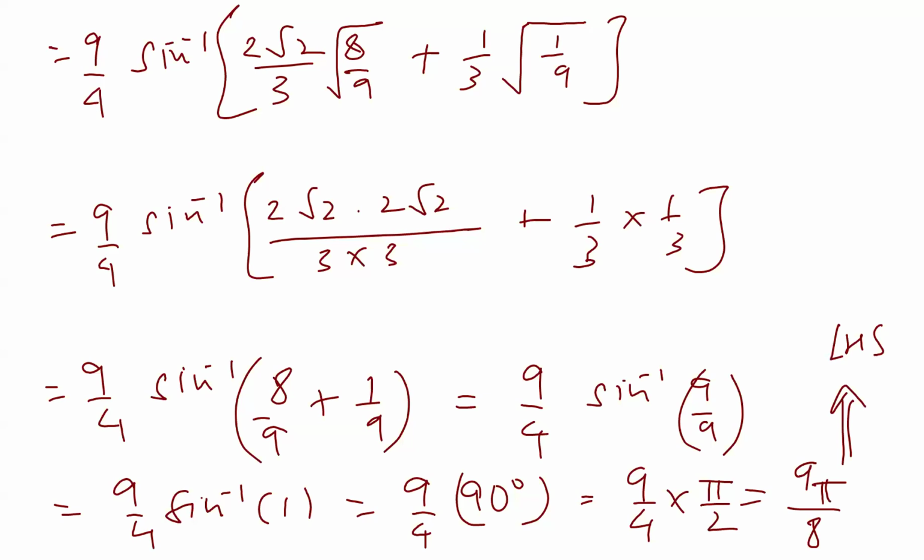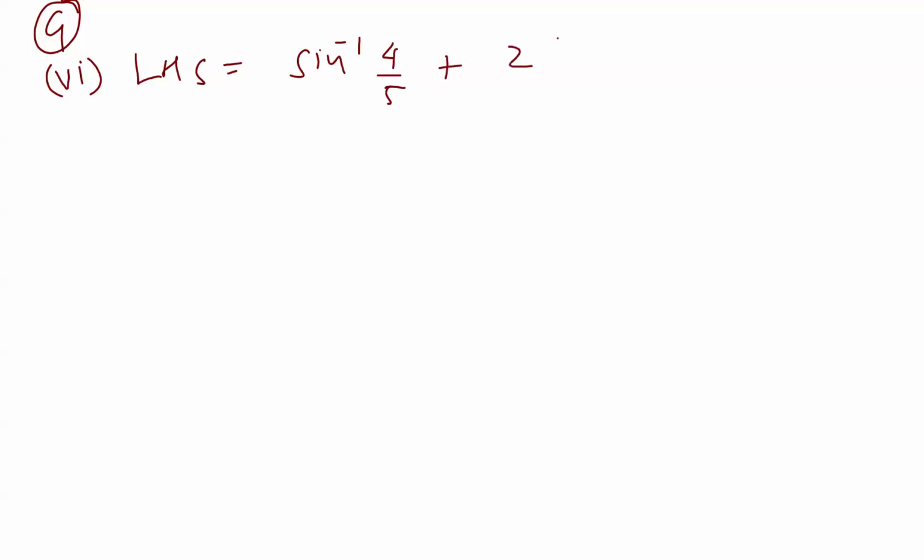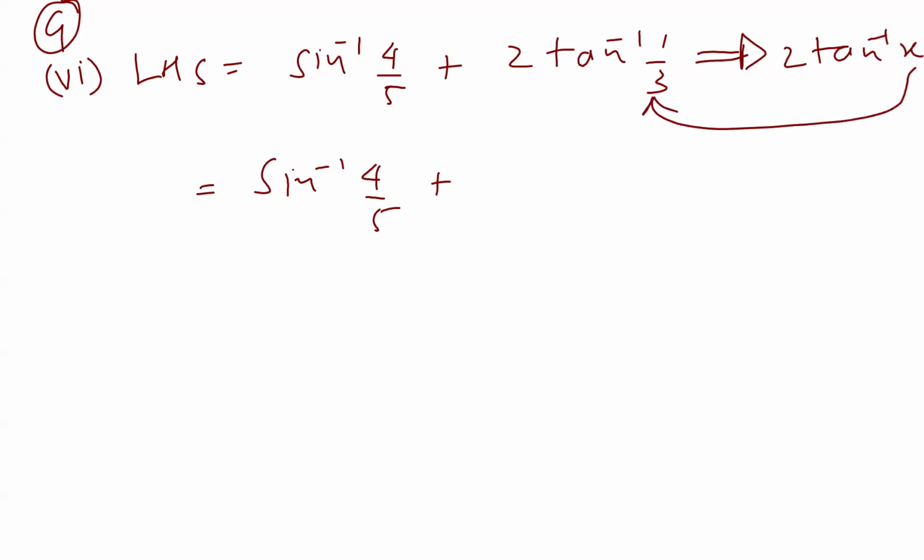Let us proceed with the next problem. Question number 6. LHS is sine inverse 4 by 5 and 2 tan inverse of 1 by 3. Okay. What I will do is I'll keep the sine inverse of 4 by 5 as it is. And I'll apply the 2 tan inverse x formula over here where x is 1 by 3. But this time, when I apply the 2 tan inverse x formula, I'll convert this to sine inverse because the first term is also sine inverse.